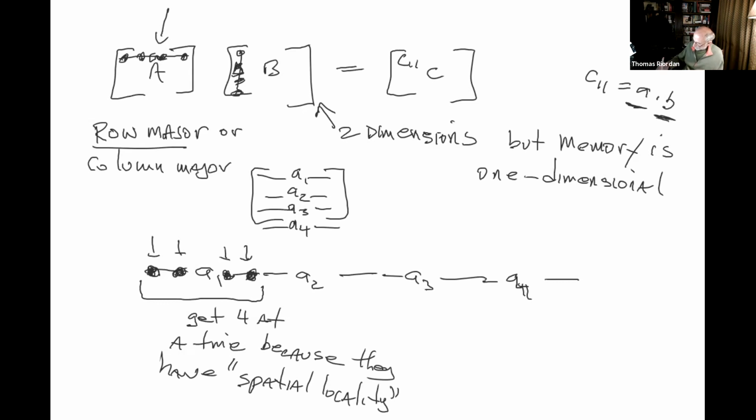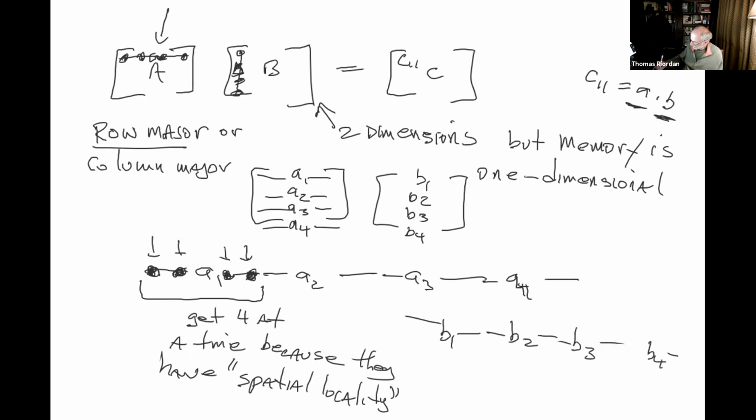So the rows of B, if B looks like this, B1, B2, B3, B4, are stored in row major order.